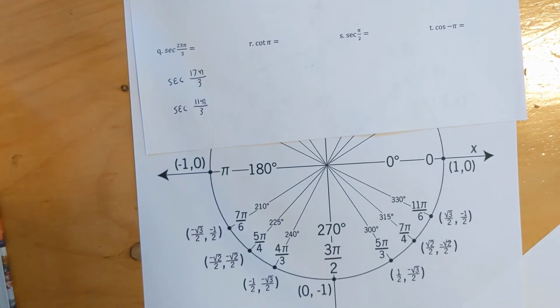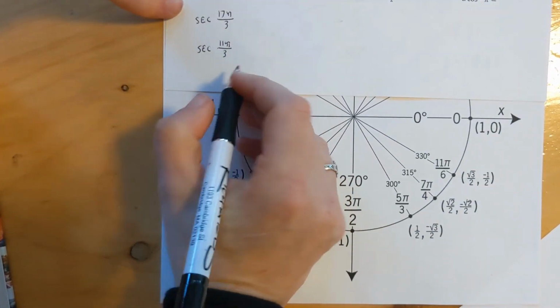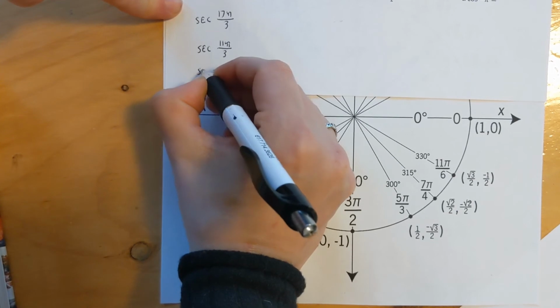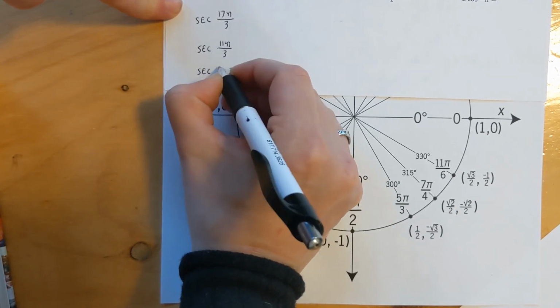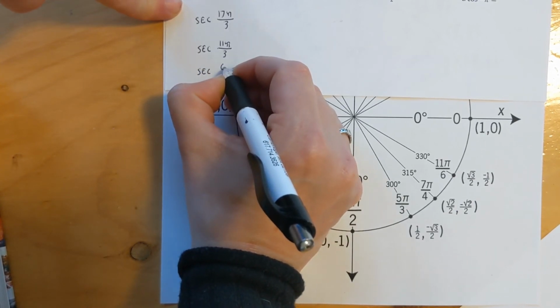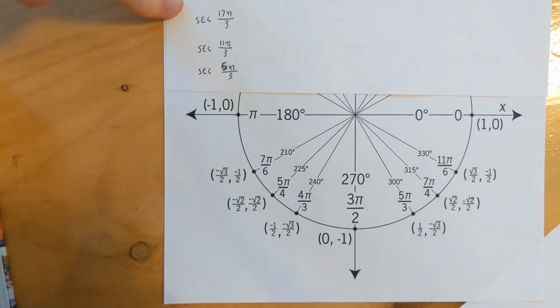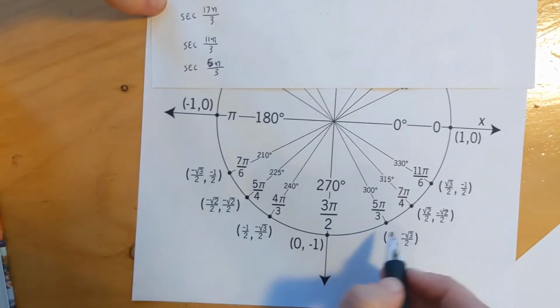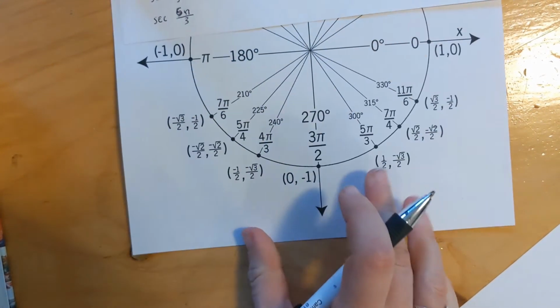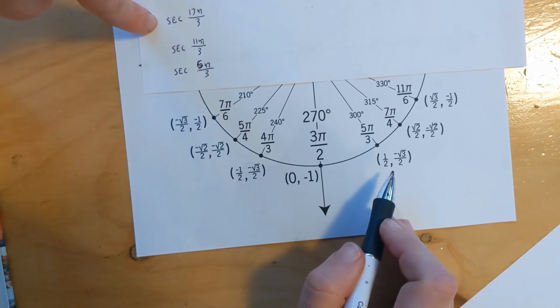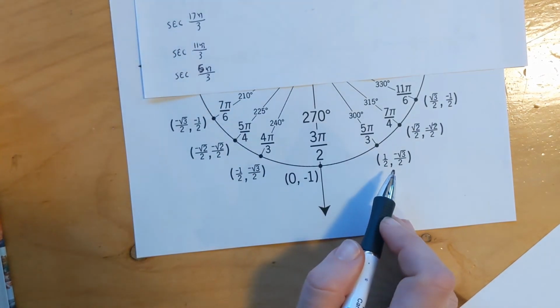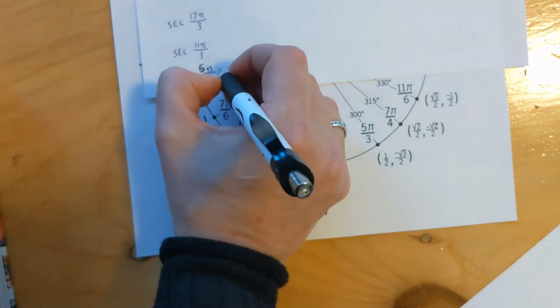Again, still too big, so subtracting one more 2 pi, and you get secant of, I wrote that wrong, that's 5 pi over 3, which finally is on our unit circle. 5 pi over 3 is right here, and we're trying to find secant of that.